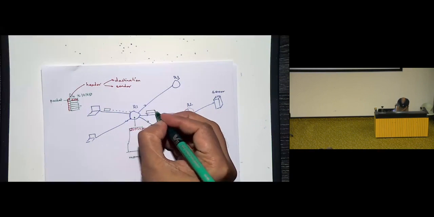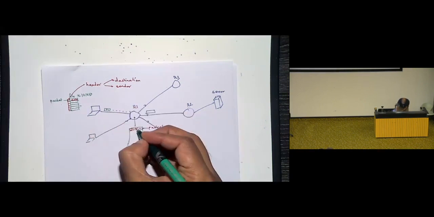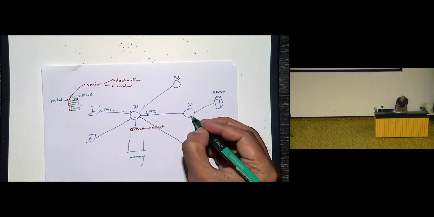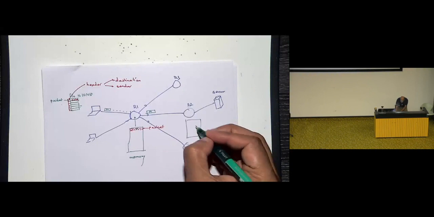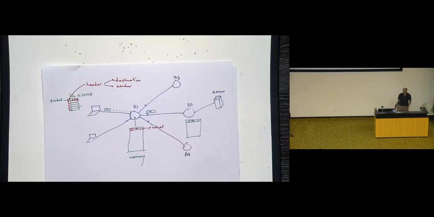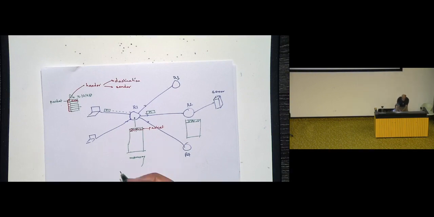It's going to send, let's call it P1, packet 1, here. And then this router will receive this, and it will store packet 1 here. And then router 1 is done with packet 1. It has already sent it to R2. Then it can erase it from the memory, it can delete it. But this whole action is what is called store and forward.